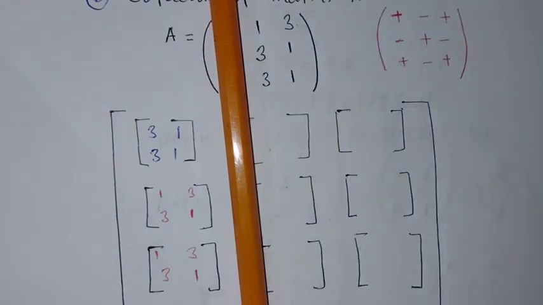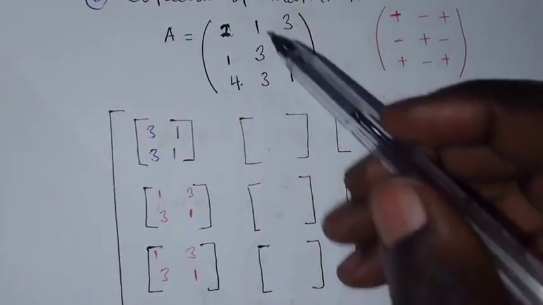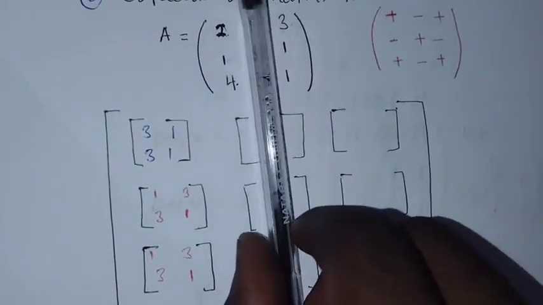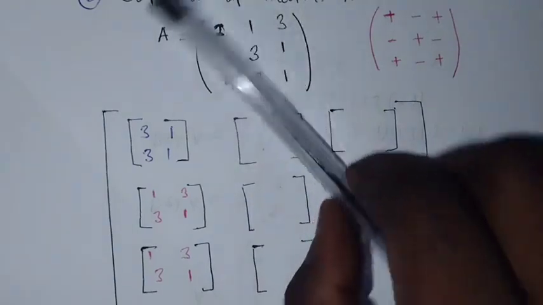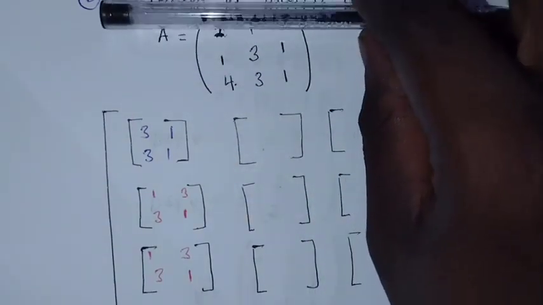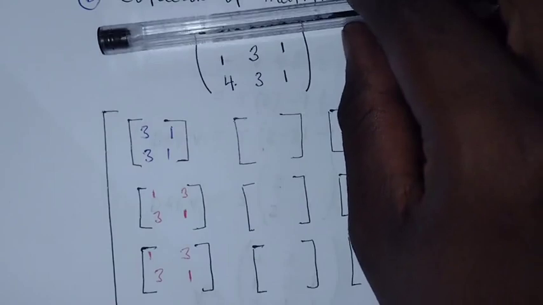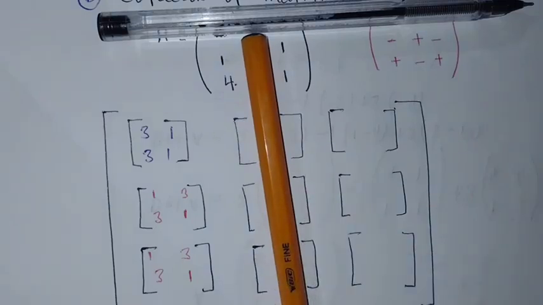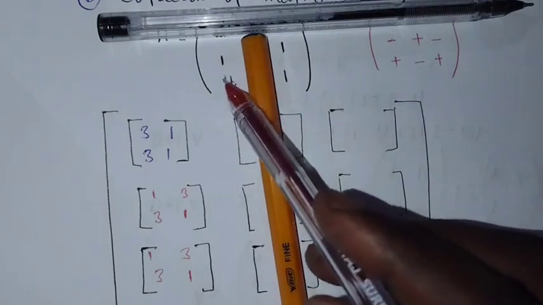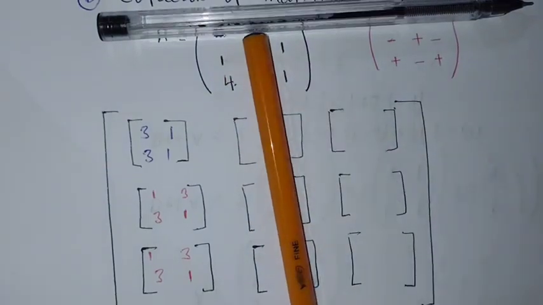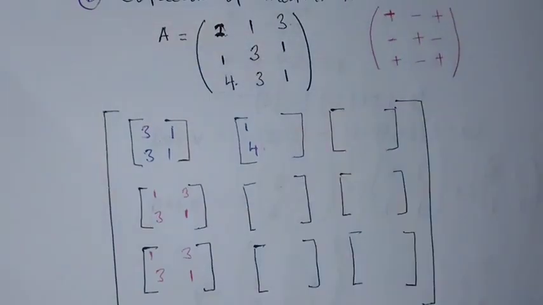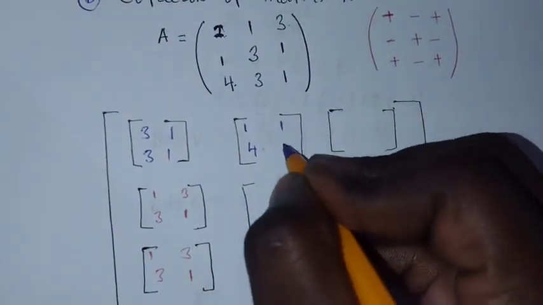We now move on to the second one. So the second column is this one right here. So we'll do the same. We are going to cover everything here. We'll cover the entire row like this, then we'll cover the entire column. So we remain with 1, 4, 1, 1. That is what we are going to write here: 1, 4, then 1, 1.